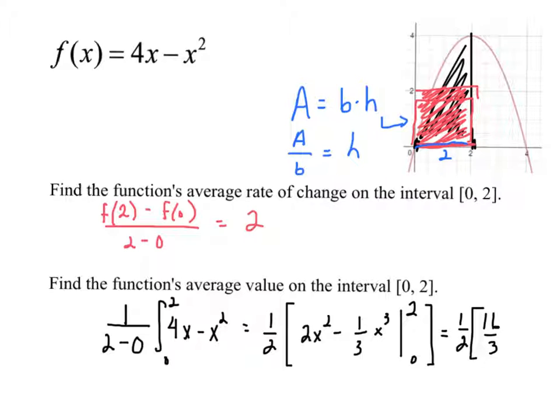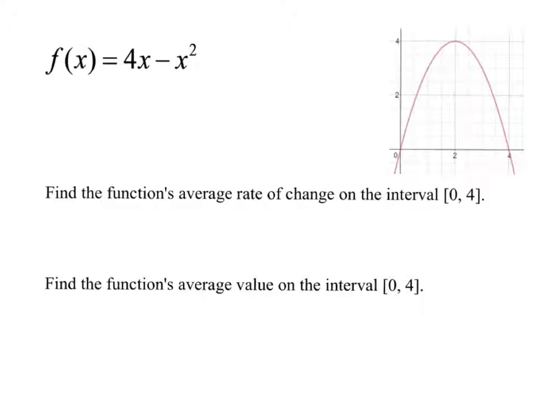We plug in 0, we get 0. So 1/2 of 16/3 is 8/3. So, it's under 3, so it's going to be somewhere up in here. So this would be the height of the rectangle that would give us the same area as the curve that has the same base.